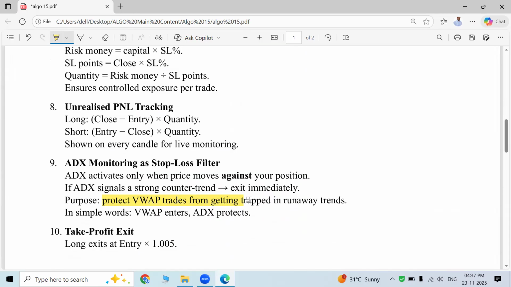That means your close price is not coming close to VWAP. At that time, the ADX is going to work. It's a kind of stop loss filter we kept in the ALGO, so that the problem with VWAP, what we are getting, can be nullified.